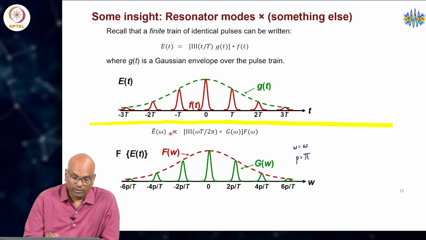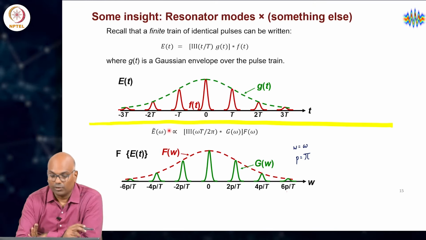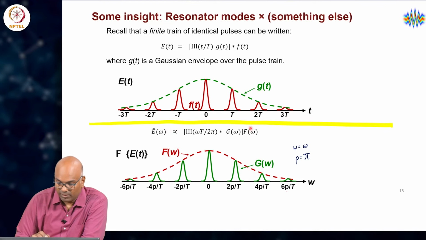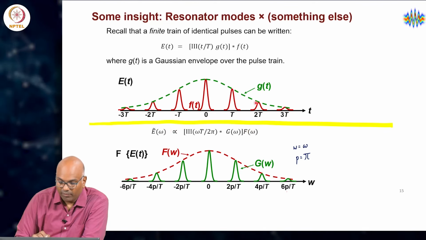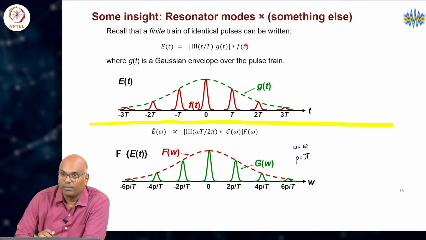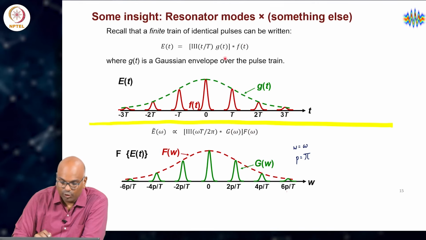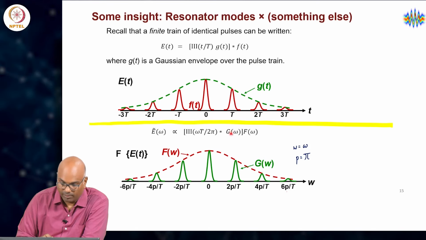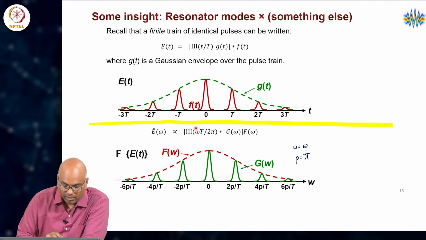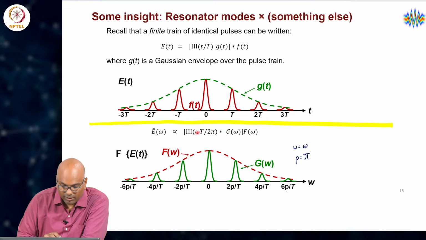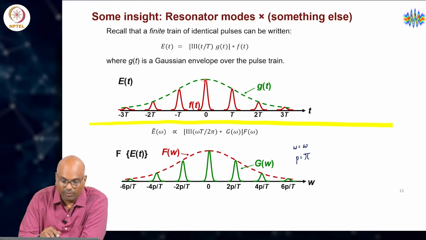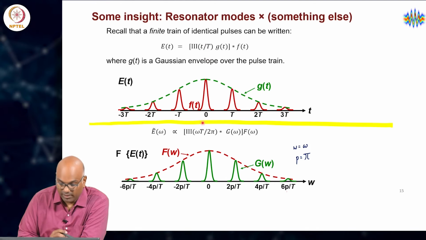We do not even want to consider the exact expression. We take each of these individual functions, say f of omega, and find its Fourier transform, which can be done rather easily. Take g of omega and find its inverse Fourier transform back to the time domain. Take this Shah function and find its inverse Fourier transform back to the time domain. All of these are easily done.